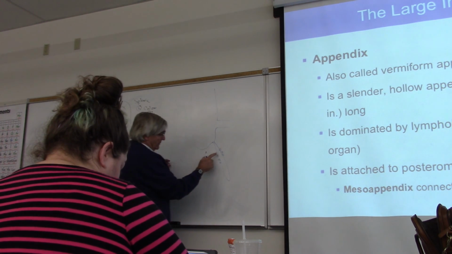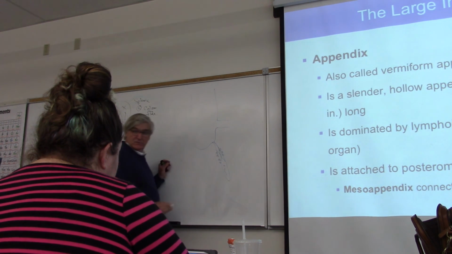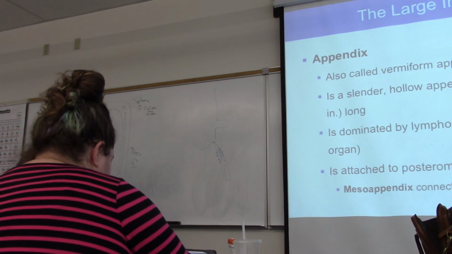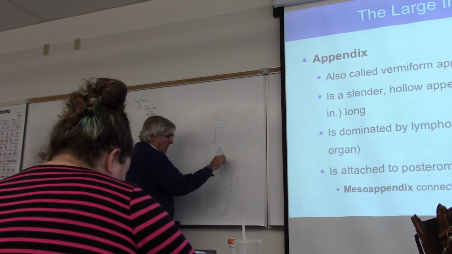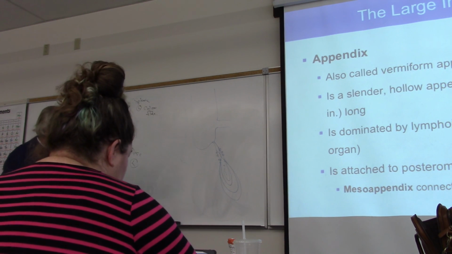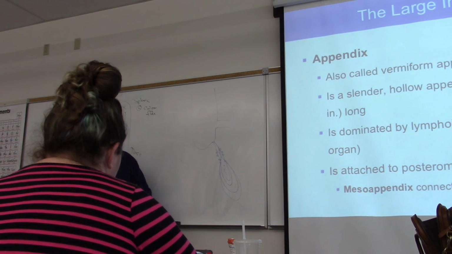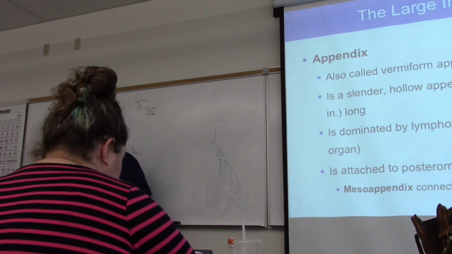And when they get swollen enough to block this off, now anything that's back here can't be drained, so it's going to develop an infection, and indeed that's what happens. The appendix starts to swell, and it starts to swell, and it starts to swell, and then it bursts. And that's a ruptured appendix, and then you've got basically stool and stuff dumped out into your abdomen, and that's not a very good thing.